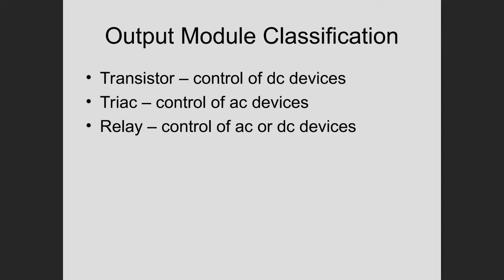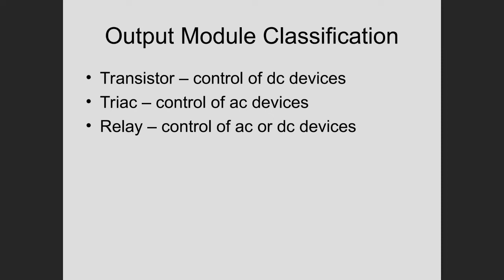Well, both the transistor and the triac are solid state devices. Now I asked you a couple days ago to remember what the term solid state means. And in the simplest sense of the term, it means no moving parts. They're electrical devices that don't have moving parts. They're based on a piece of silicon, a silicon crystal.